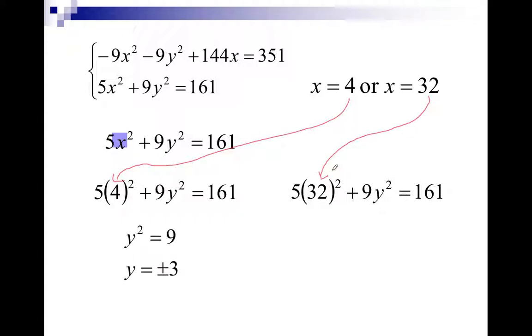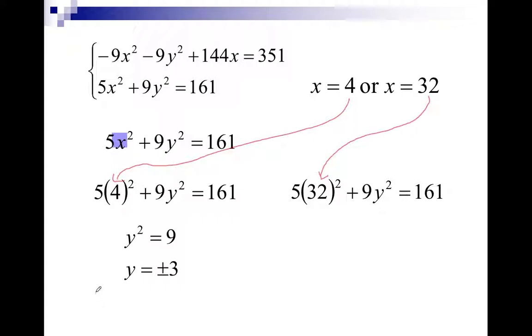So notice that what I did here, 4 squared is 16. 16 times 5, subtracted, divided both sides by 9, and I got y squared is equal to 9. Y is equal to plus or minus 3.